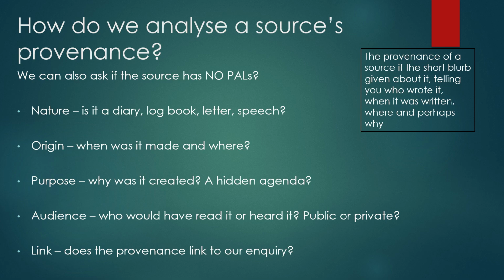You know, that's not great analysis. The content itself is much more important than who said it, when it was said, where, why. You should look at provenance as like the sauce on a pizza. It's great, but it adds to what's already there. It's not necessarily the actual pizza base that the whole essay is built around. Something to bear in mind when you're answering your questions.